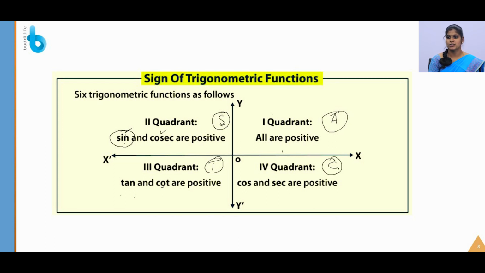And Cups, C stands for cos: the cos function and its reciprocal, the secant function, both are positive in the fourth quadrant. So if you want to remember, you can always use this code, All Silver Tea Cups. Okay, so these signs are also very important to solve the problems.